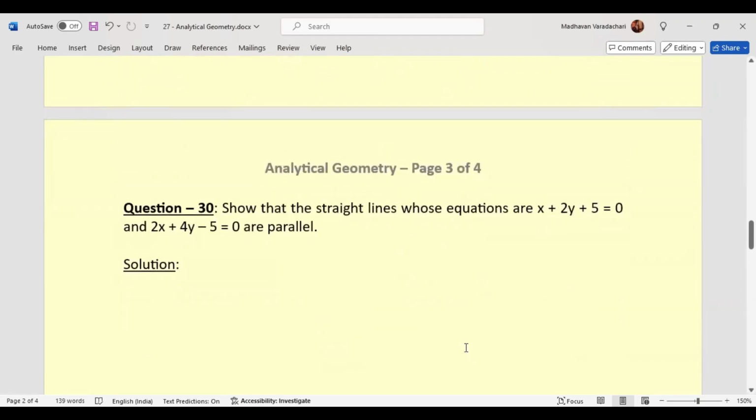Show that the straight lines whose equations are x plus 2y plus 5 equal to 0, 2x plus 4y minus 5 equal to 0 are parallel. Again, equation 1 can be rewritten as it is.